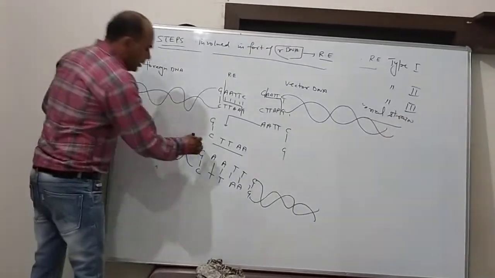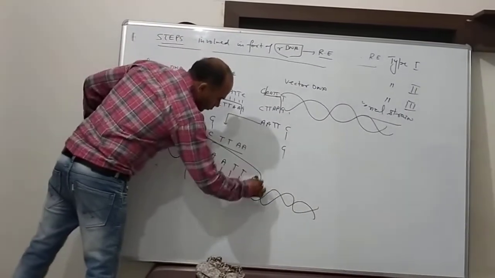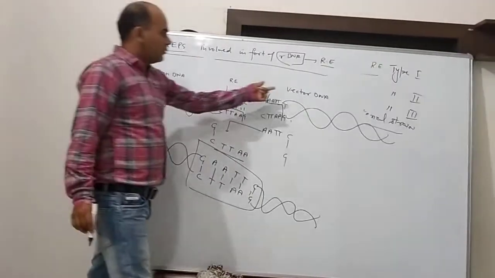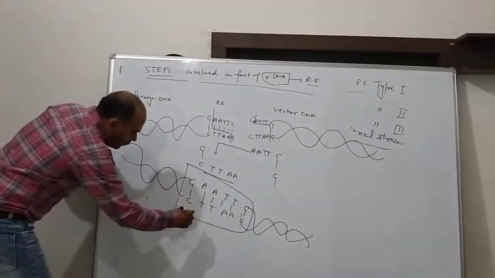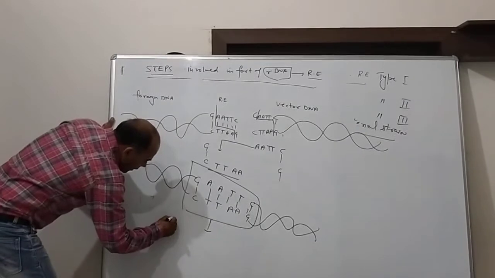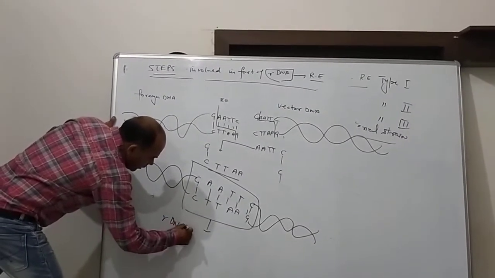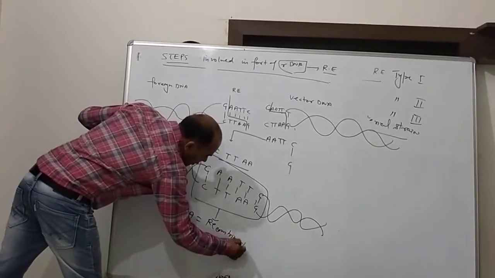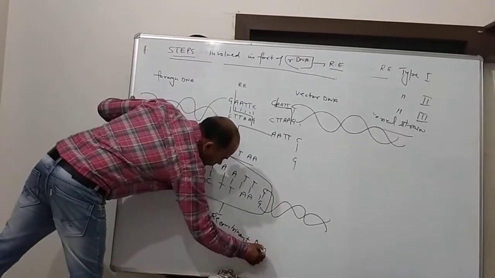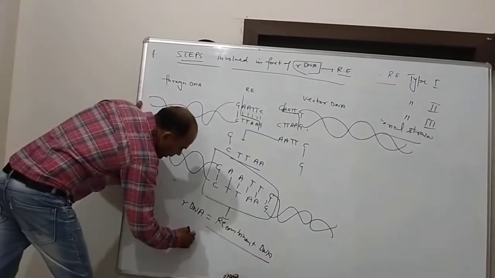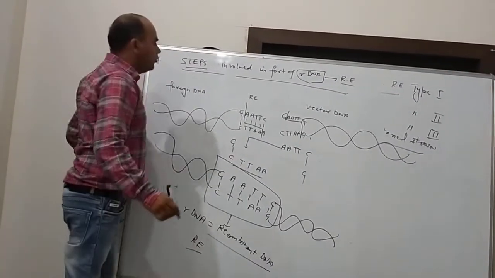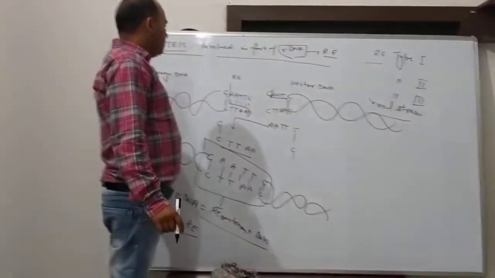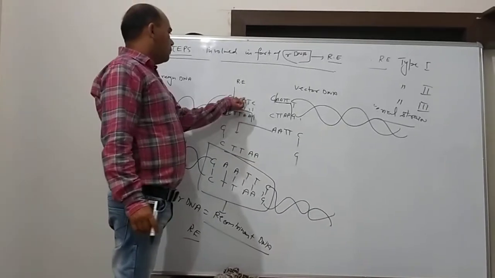It means the combination of two fragments is taken, one from the foreign DNA and another from the vector DNA. This kind of DNA is called rDNA, r means recombinant DNA, made with the help of RE, restriction endonuclease enzyme, because these enzymes can make the cut at a particular site.